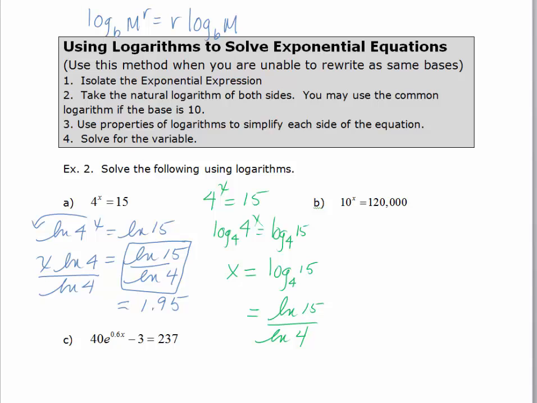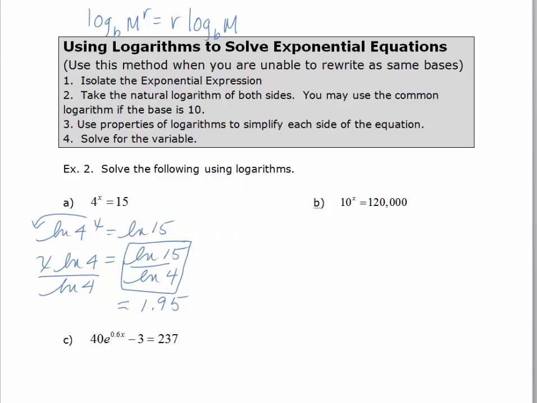So let's move on and try part B. Alright, so we have 10 to the x equals 120,000. This time, since the base is 10, instead of using natural log, which again, you can use natural log every time if you want, but I'm going to use just log.